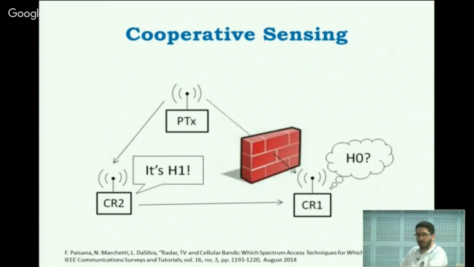The most basic ones are the AND rule. You take a decision that there is activity in that spectrum only if all the sensors say so. The OR rule is more aggressive, or actually, in terms of detection, more conservative: you say there is activity if at least one sensor says so.